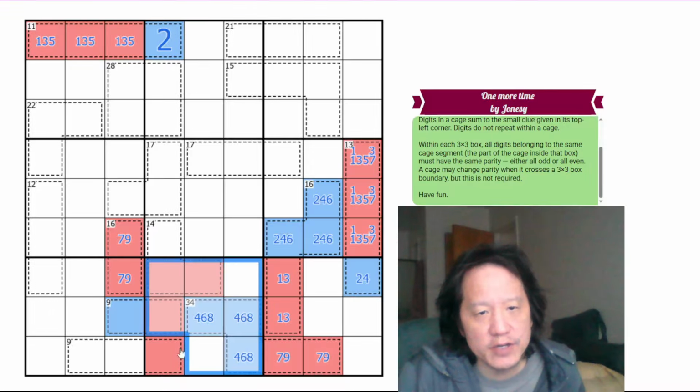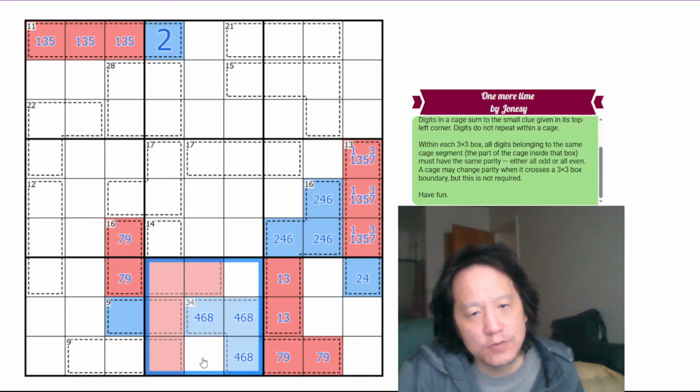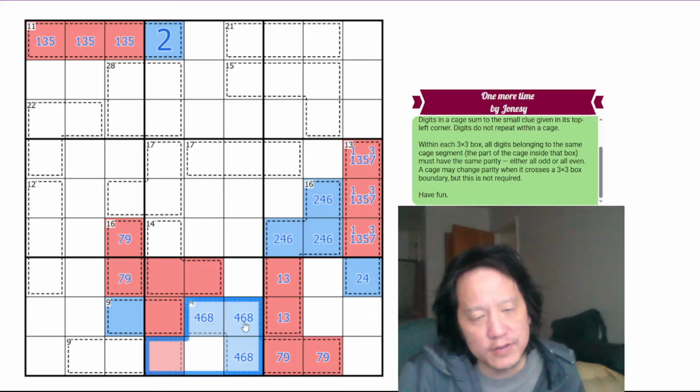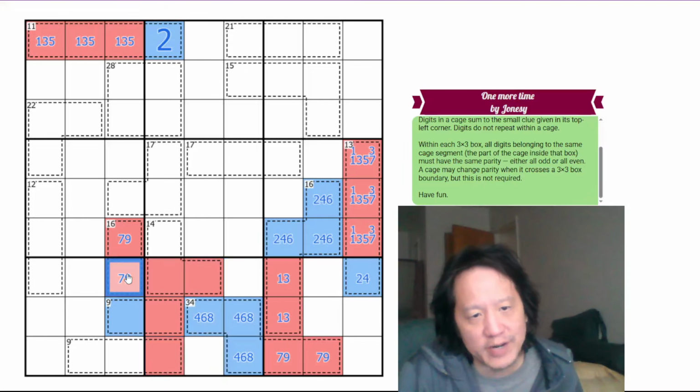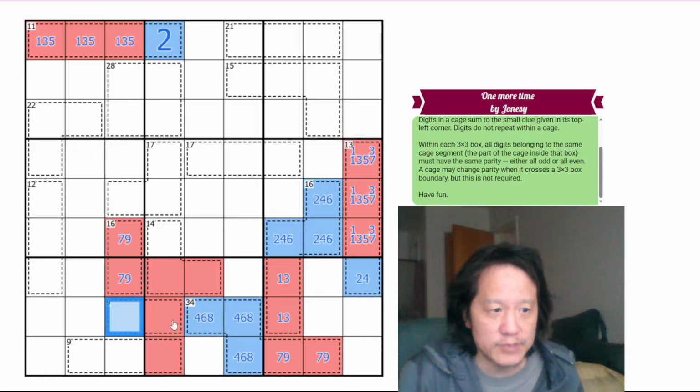Where are the 7 and 9 in this lower central box? They cannot be here. They can't be these 2. If we had both of them here, they would eliminate all possibilities for that cell. So one of them has to be here. Well, 9 can't be here because 9 by itself adds up to 9, so you can't add up to 9 with another digit.